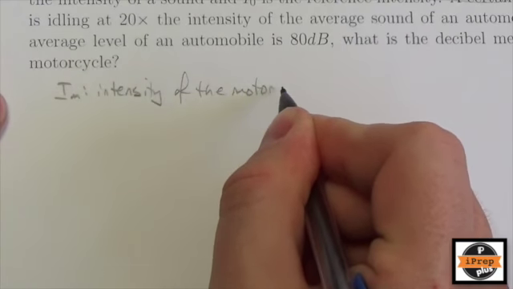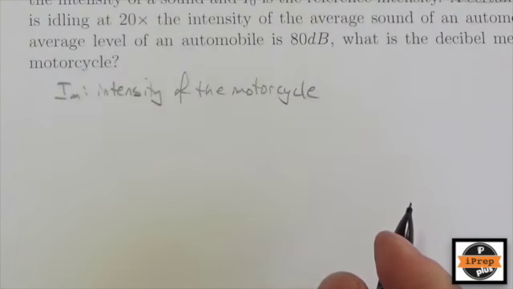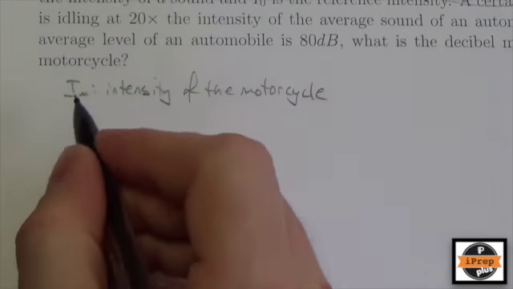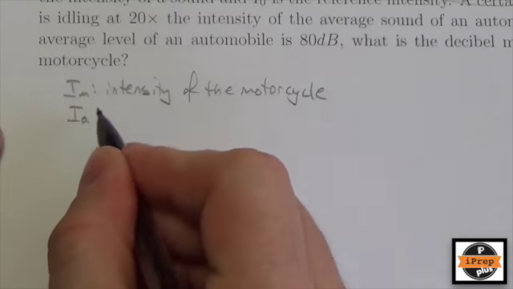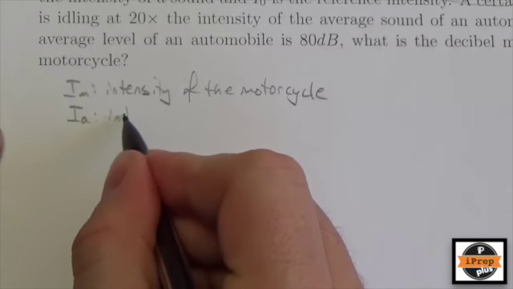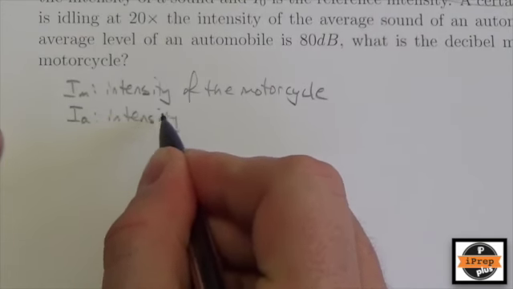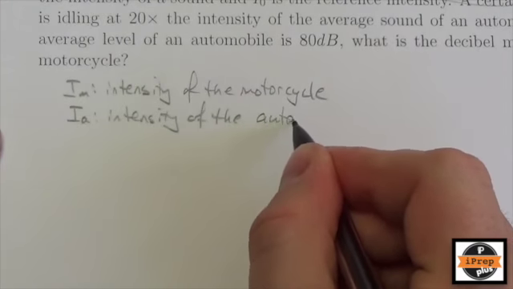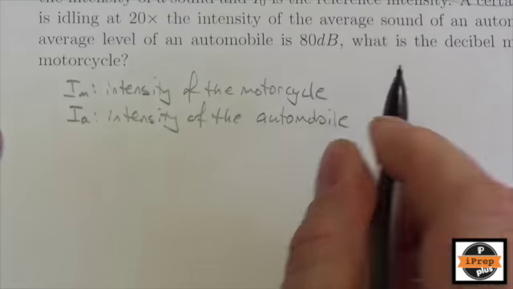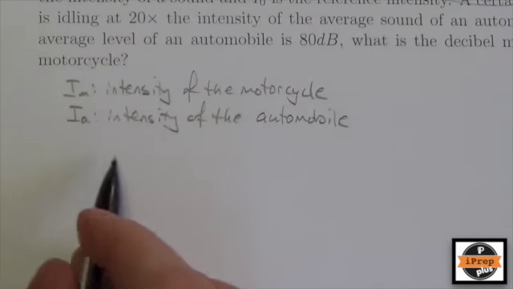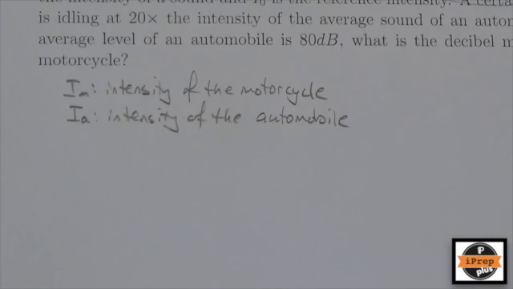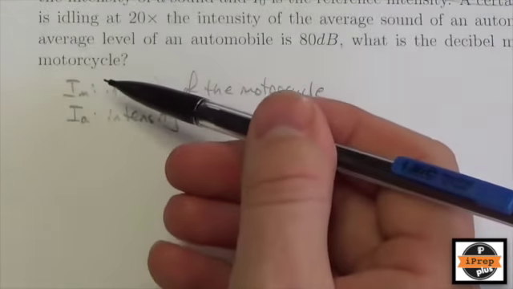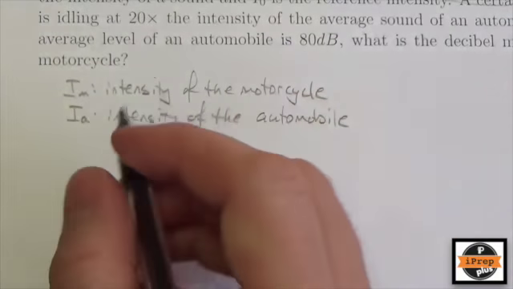What we mean by intensity is essentially the amount of energy coming off the motorcycle into the air there. And we'll let I sub A be the intensity of the automobile. We're not interested in talking about this in terms of joules of energy and whatnot. When we work with intensities, we're typically going to work in this course with comparing the two as ratios.